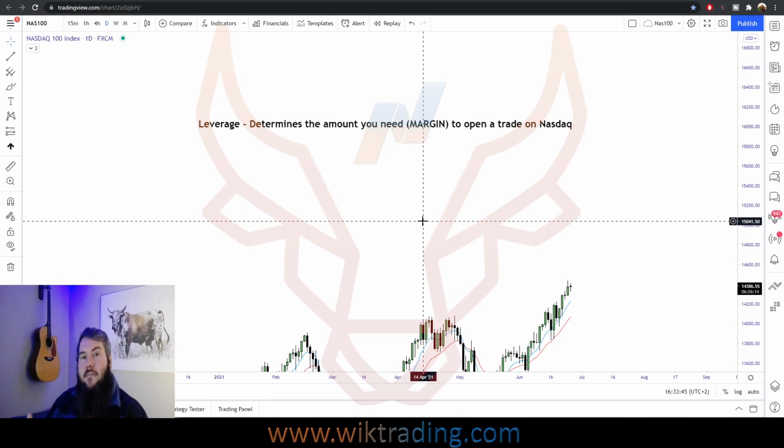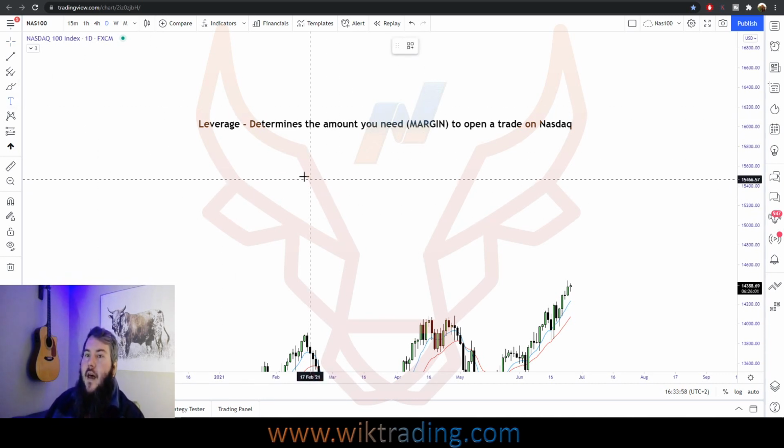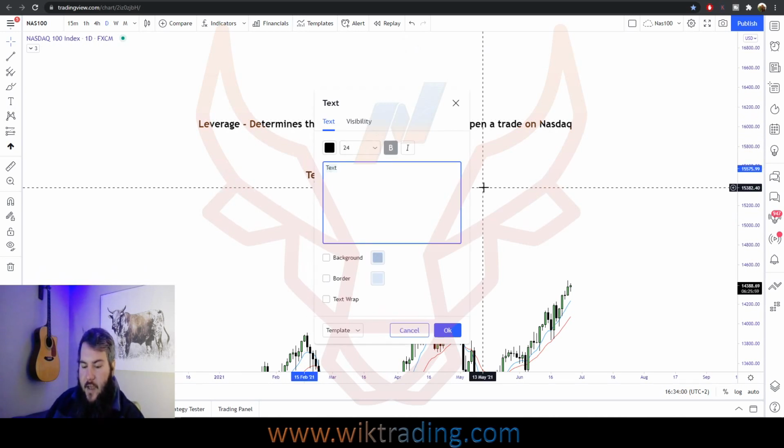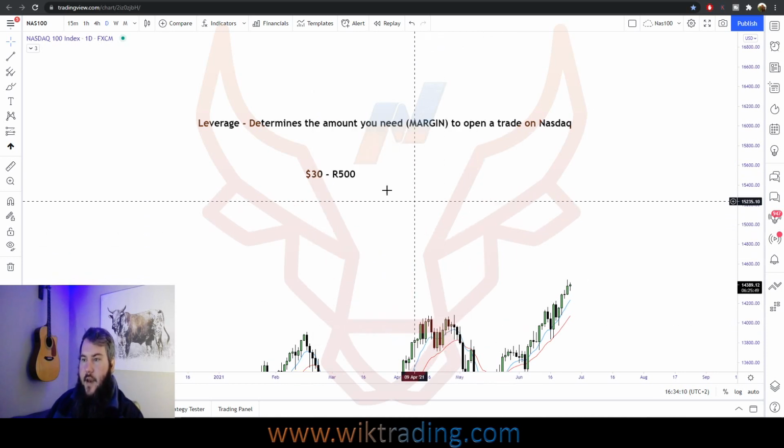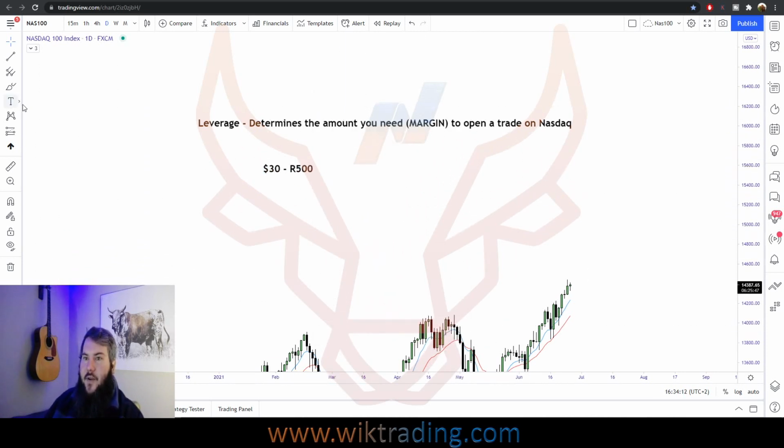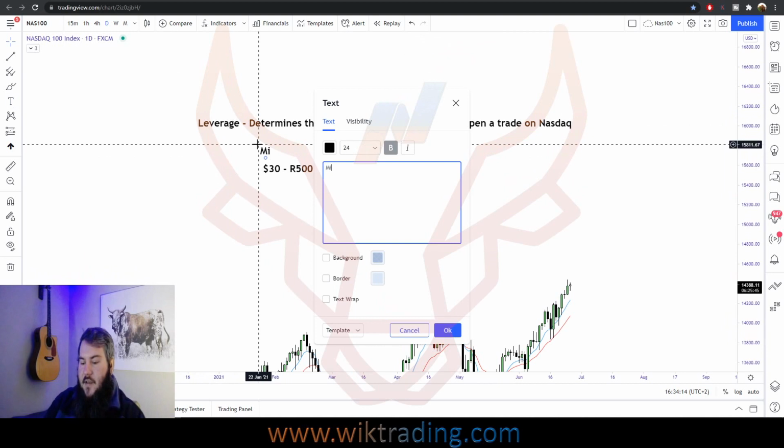So I use mini lots with Trade 245, but there's brokers that offer micro lots. To break it down, I have a $30 account and I open that trade with them. That is roundabout 500 Rand that I need to open 0.01 lots on that account, and this is on a mini lot account.